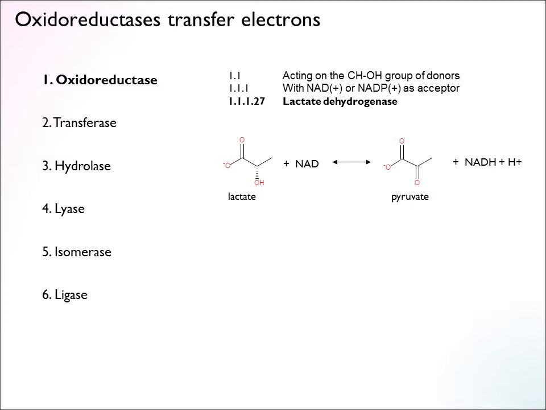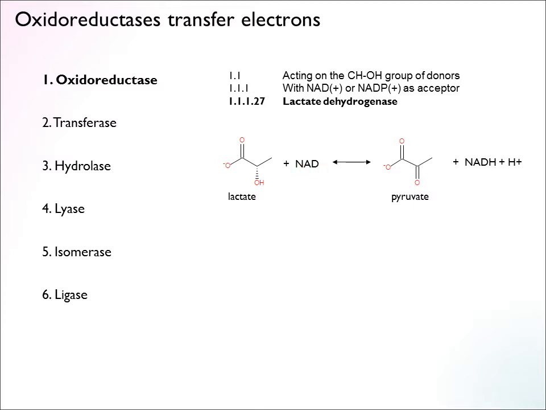So starting with the oxidoreductases. These are the redox enzymes that we have seen in previous lectures. So pretty much everything that does oxidation reduction reactions is in this group. So typically enzymes that do oxidative metabolism, like in this case lactate dehydrogenase, which oxidizes lactate into pyruvate and uses NAD as an electron acceptor.